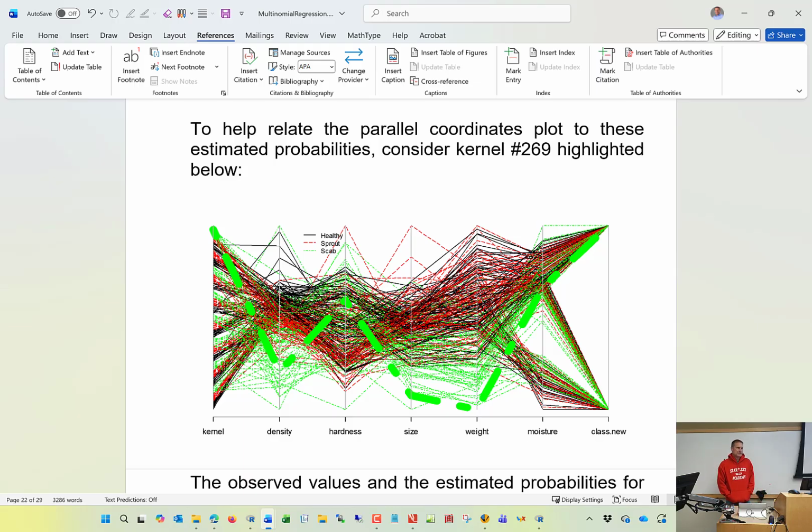Because it's more like a middle ground between the two, so it takes some features from healthy and scab. Exactly. It's harder to differentiate. It seems like it always falls in the middle, what we see in this plot in terms of the red lines. And so that's why the model is having a harder time differentiating between these kinds of kernels versus the others. Scab and healthy are much more separated.